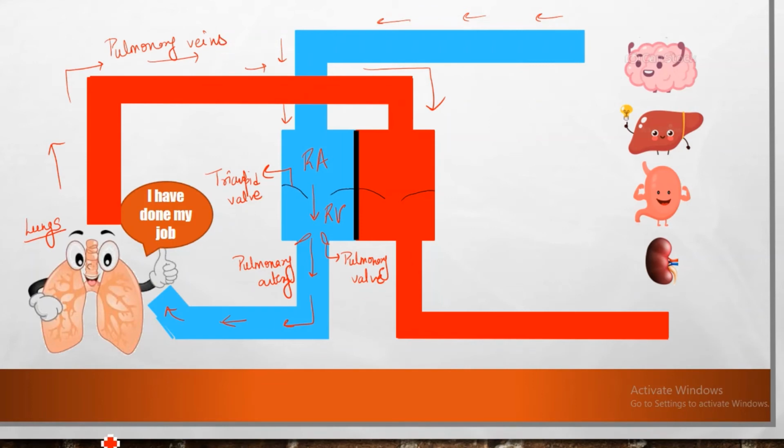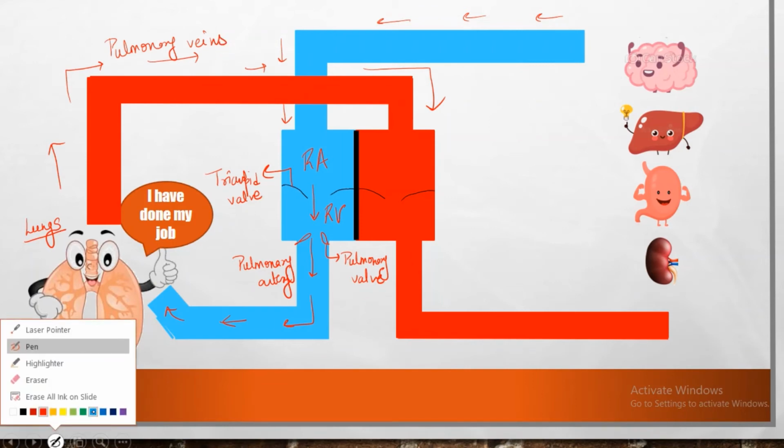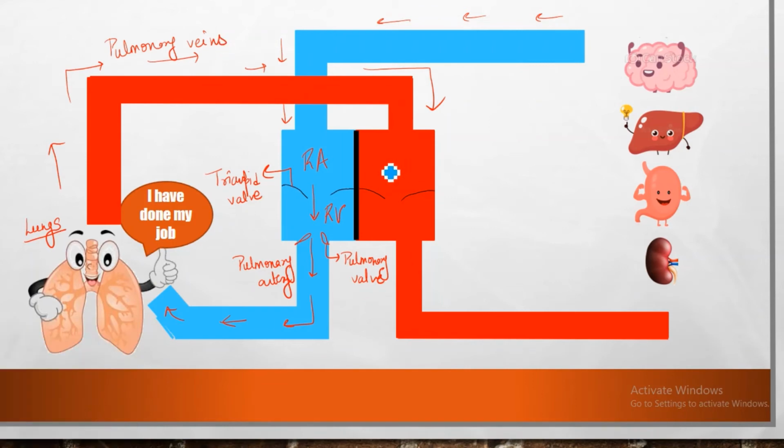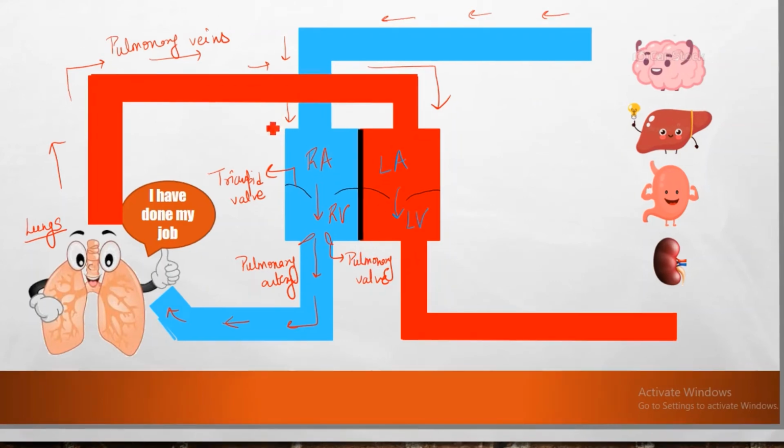So this oxygenated blood will be received by the left side of the heart, that is the left atrium. Now the blood from the left atrium will enter the left ventricle. The left ventricle will pump this oxygenated blood into the aorta.